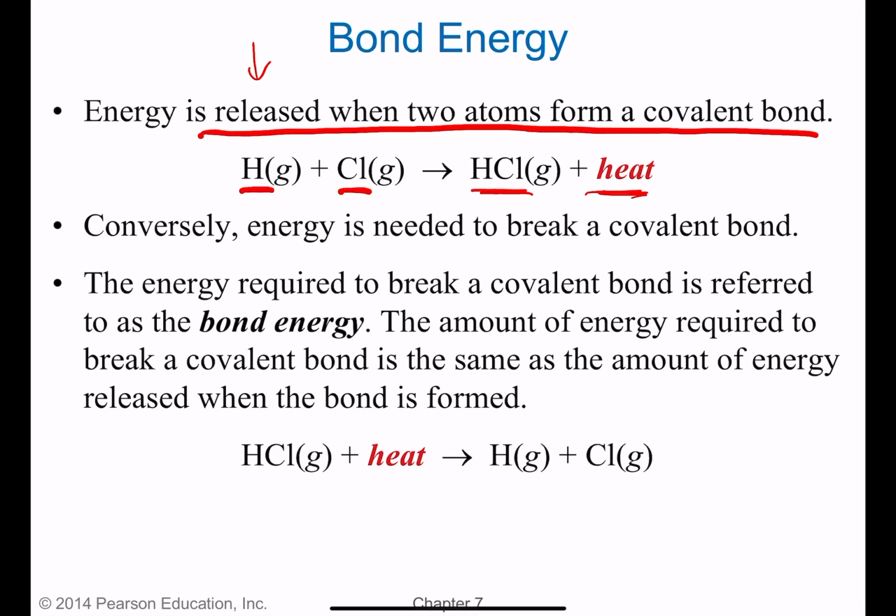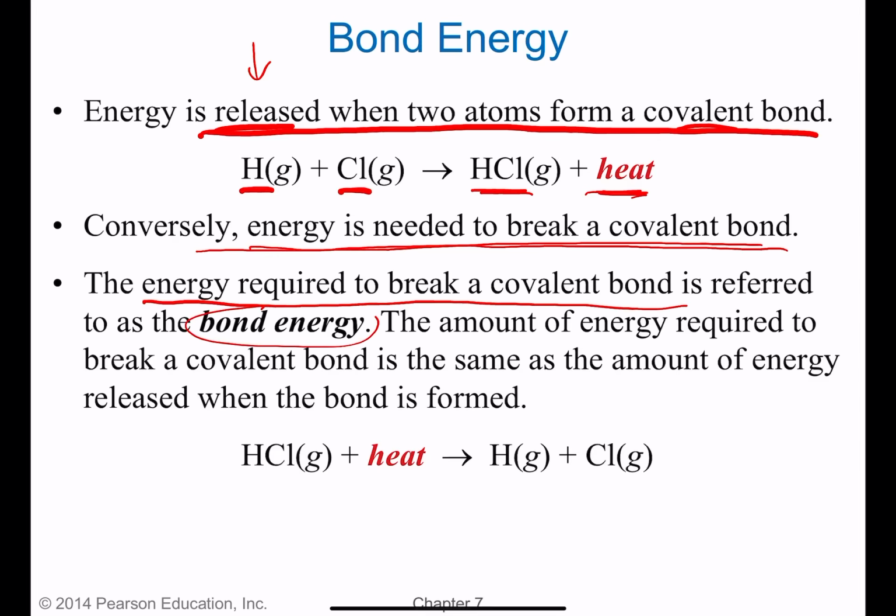And then the opposite is true. Energy is going to be needed to break a bond. So if energy is released when a new bond's formed, energy is needed to break bonds. So breaking bonds requires energy. Now, the energy required to actually break a bond, we're going to call the bond energy. So if a covalent bond is said to have more bond energy, that means more energy is going to be required to break that bond.